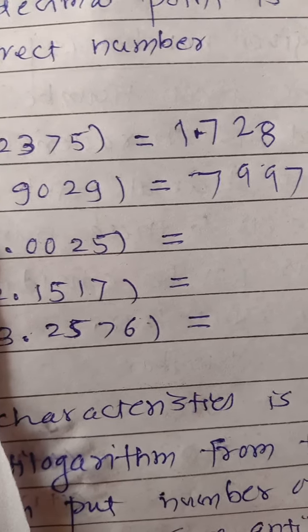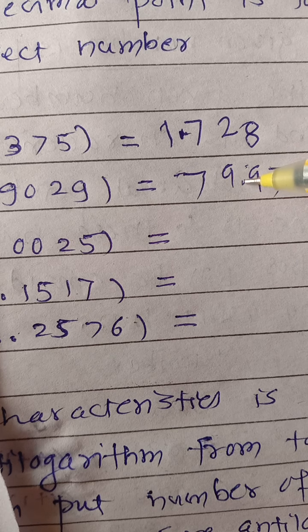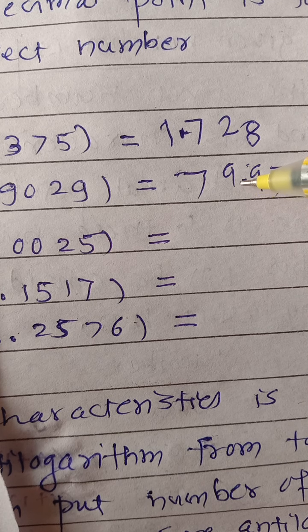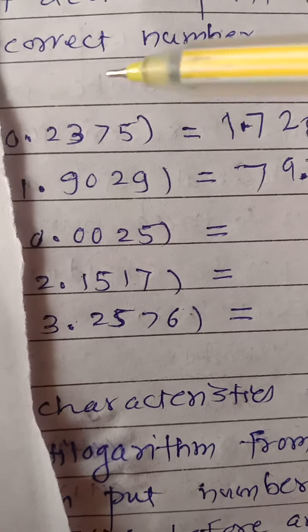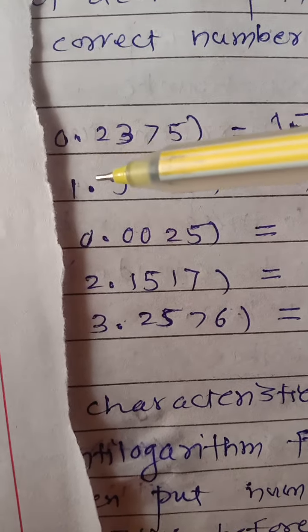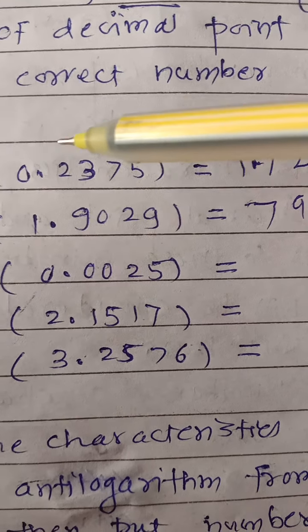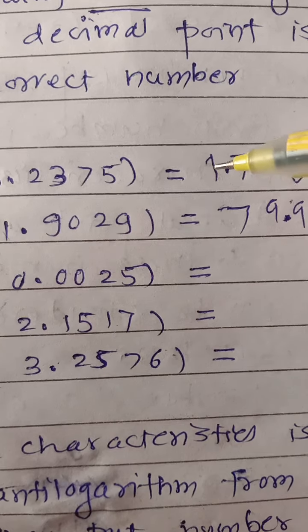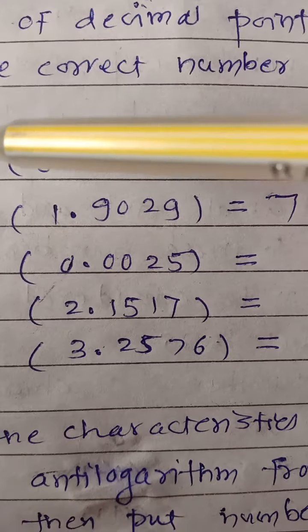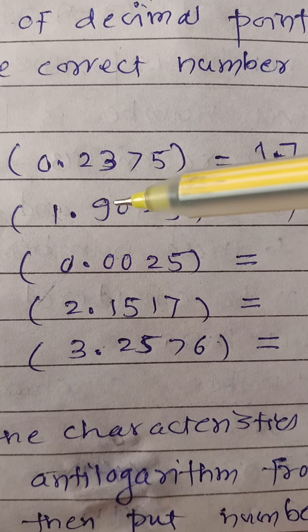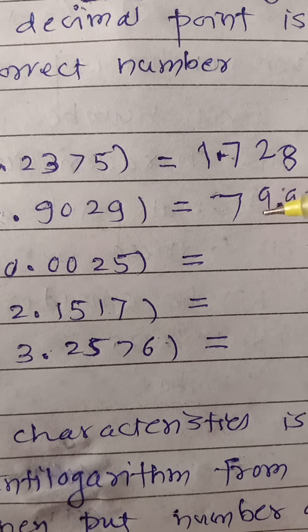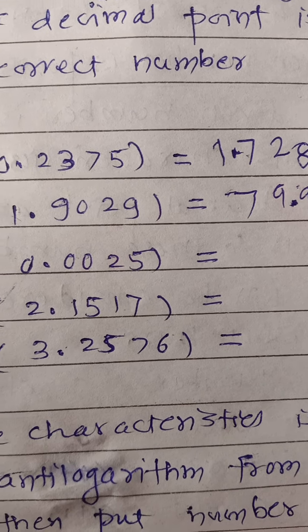So 1 plus 1 we will get 2, and therefore the decimal will be kept after 9, that is 79.97. This characteristic represents that as it is 0 plus 1, it is 1, therefore it will be a one digit number. As it is 1 plus 1, it is 2, and therefore it will be a two digit number.